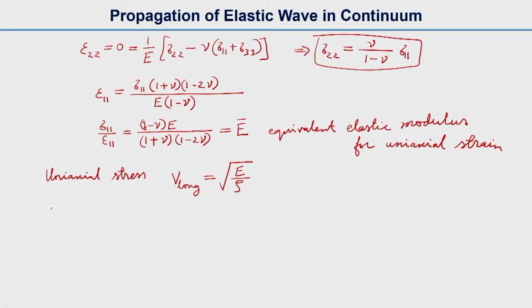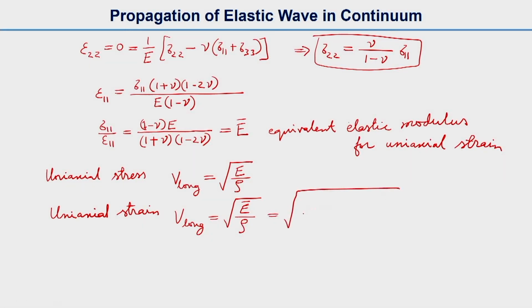Now in this case, for uniaxial strain, if we want to express in a similar fashion, so E bar, which is the earlier expression we got, by rho, will be equal to 1 minus nu multiplied by elastic modulus, divided by 1 plus nu, 1 minus twice nu, multiplied by rho.